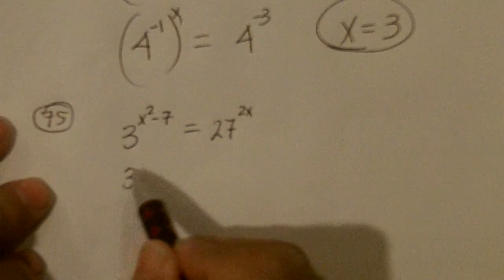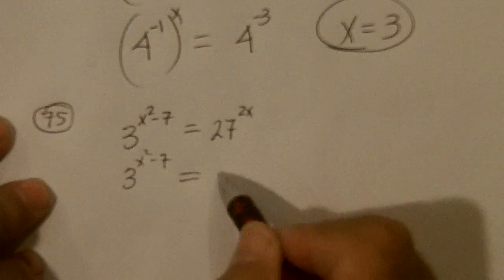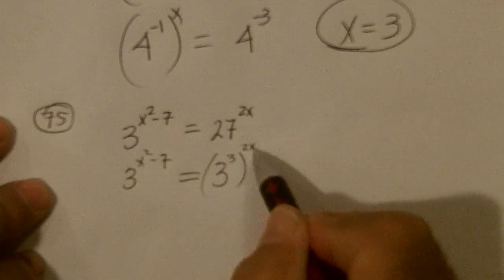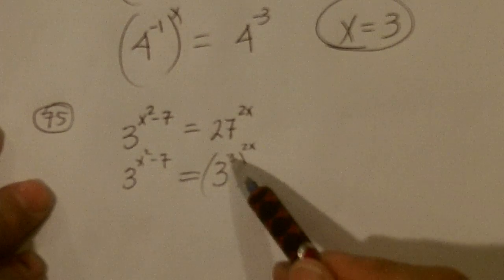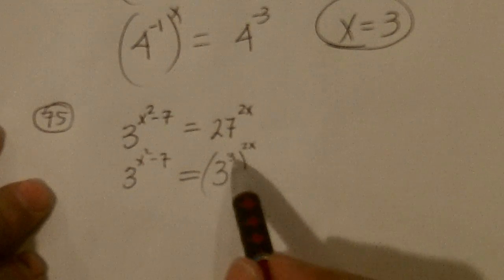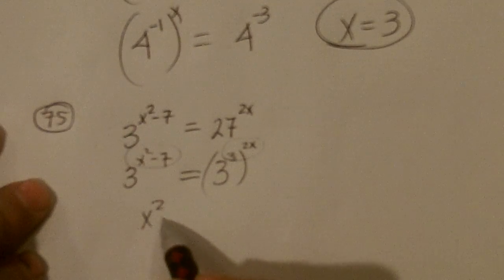So we have 3 to the x squared minus 7 equals 3 to the 3rd to the 2x. 3 to the 3rd is 27. So 3 times 2x is 6x. So 6x has to equal x squared.